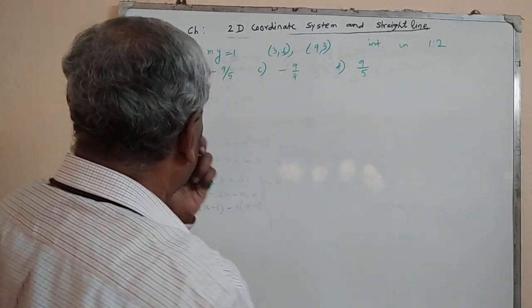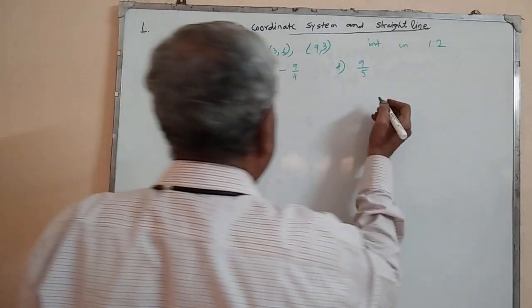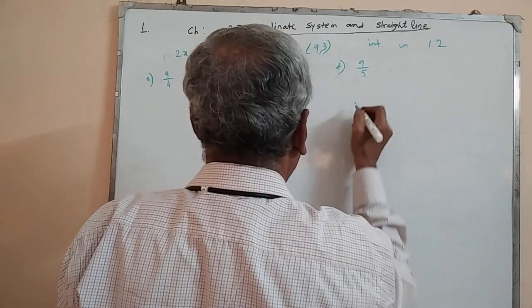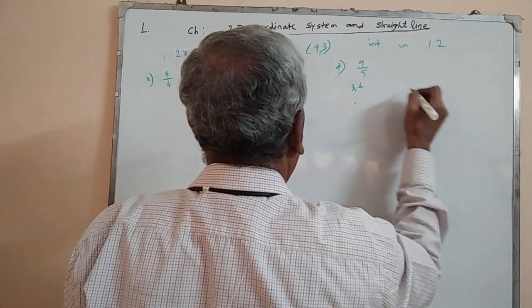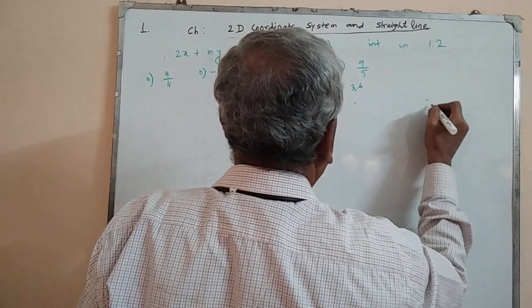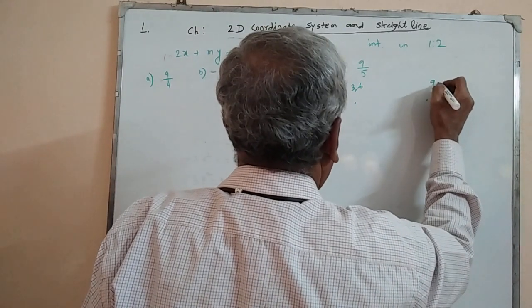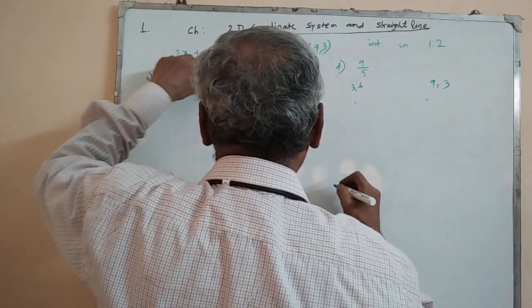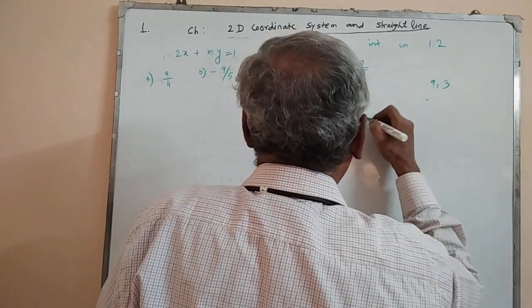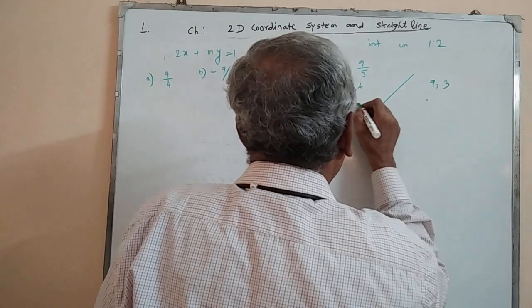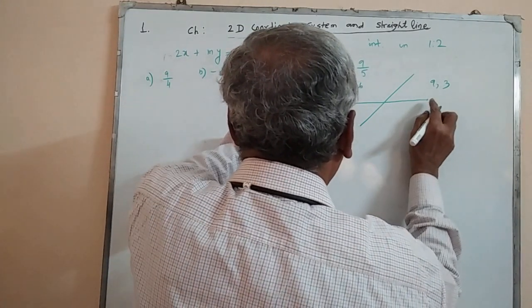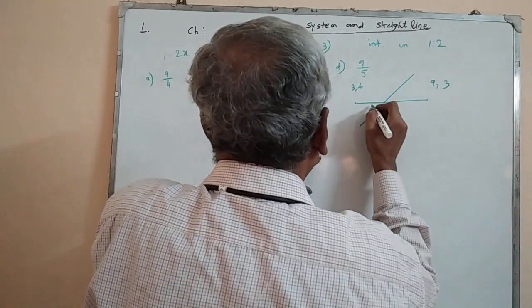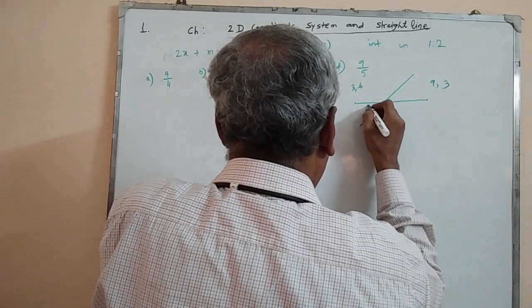Now in the problem there are 2 points. One is 3,6, other is 9,3, and one straight line 2x plus my is equal to 1 meets the line segment joining this and that in the ratio internally 1:2.